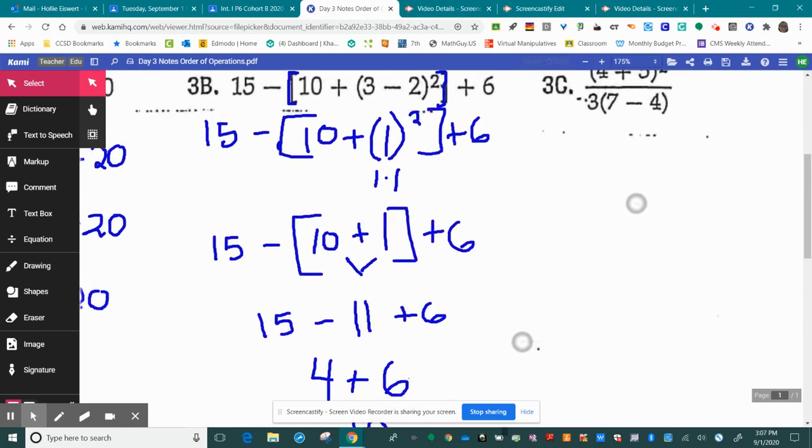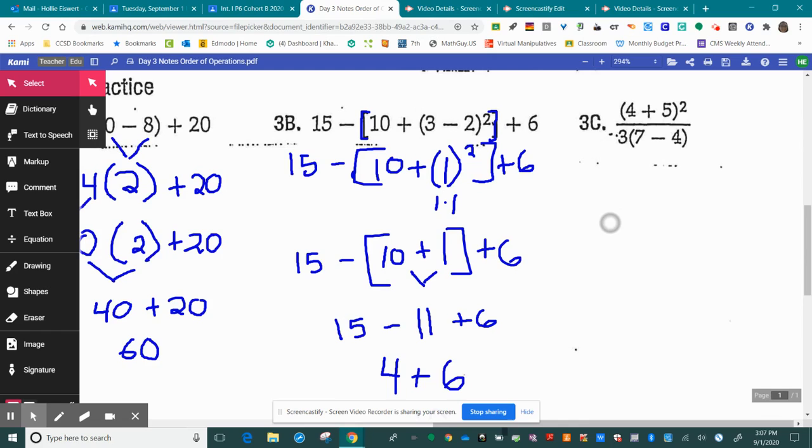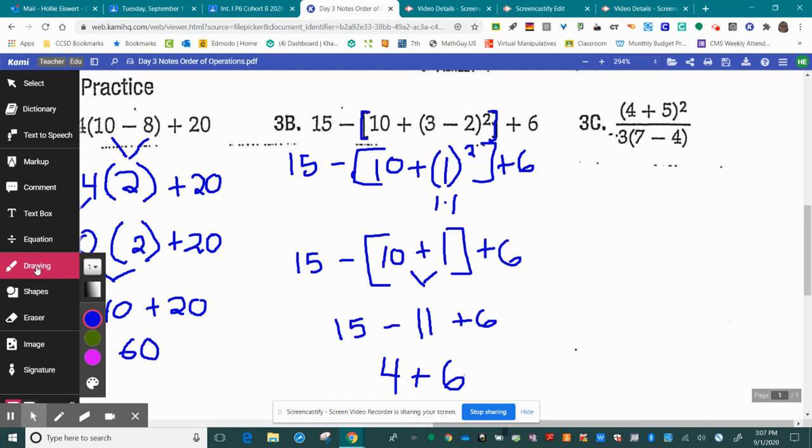So with our division bar or our fraction bar, we need to simplify our numerator and denominator. So I'm going to simplify my numerator first, and I'm going to go through the order of operations. Well, the first thing we look at is grouping symbols. So in these grouping symbols here, we have a 4 plus 5. 4 plus 5 gives us 9. We'll bring down the squared.